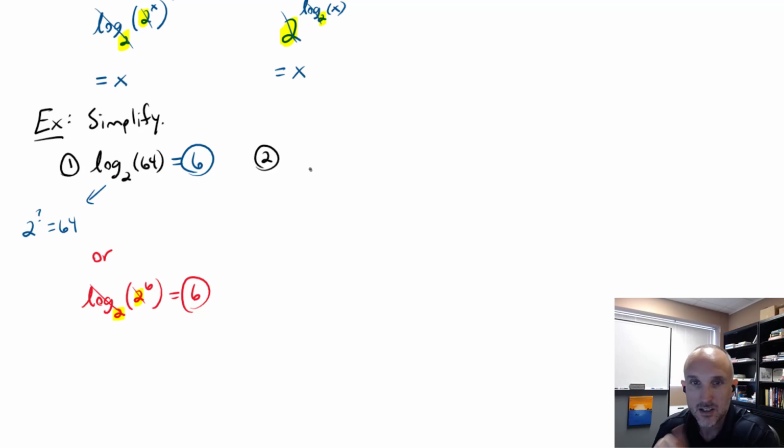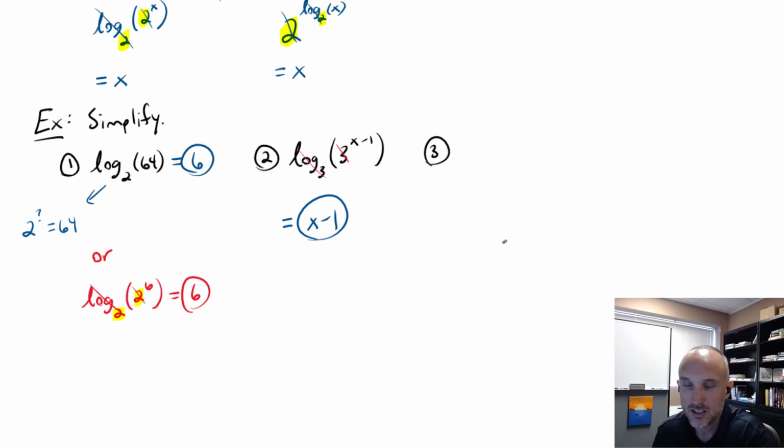Number 2, if we have log base 3 of 3 to the x minus 1, well, you guessed it, the log base 3 cancels the exponential's base 3 and leaves behind just x minus 1. If we have 4 to the power of log base 4 of 6, because we have an exponential to a log, we know they cancel and they have the same base, we just get 6.